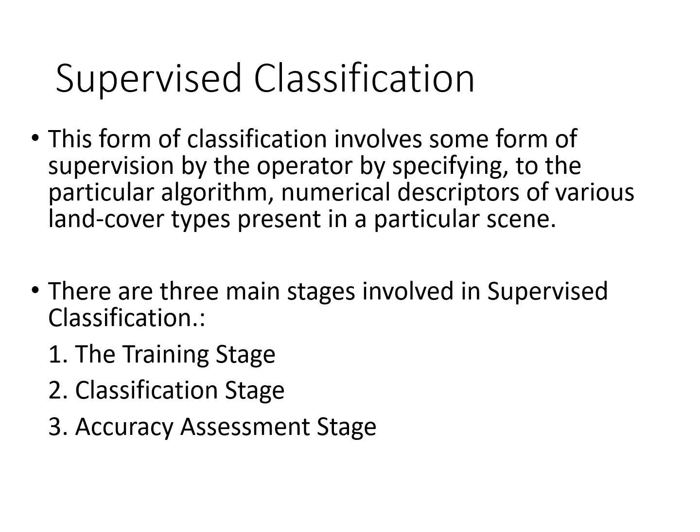So there are three main stages. The first is creating the classification scheme and collecting the training data. That's the training stage. Then doing the classification itself, which takes the spectral information that you've collected and applies that to actually classify the individual pixels.